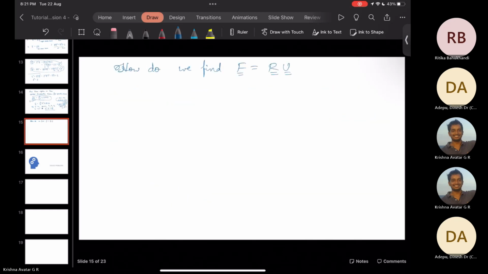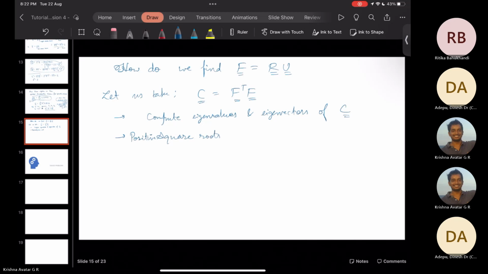So first, let's take C is equal to F transpose F. We first compute this, then compute eigenvalues and eigenvectors of C. Then we take the square roots of eigenvalues, and that also positive square roots. Positive square roots of eigenvalues of C.